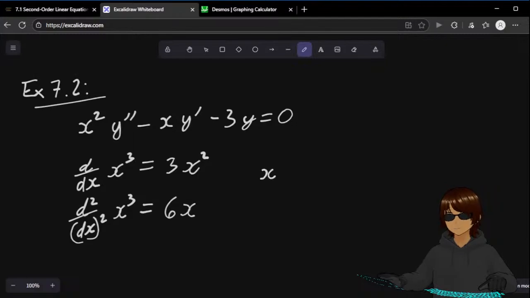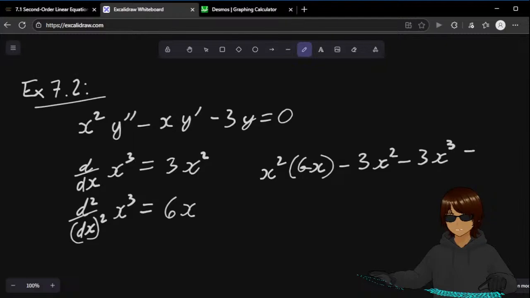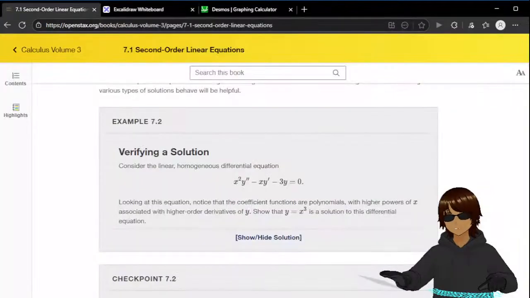So we have 6x minus 3x squared minus 3x cubed, which is equal to, sorry, this is x times, so it becomes minus 6. I mean, that's proof that the solution works.